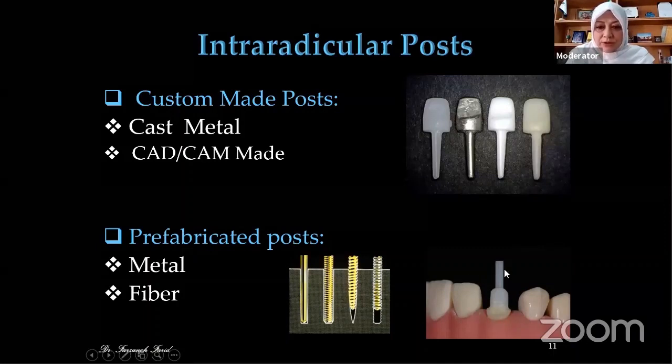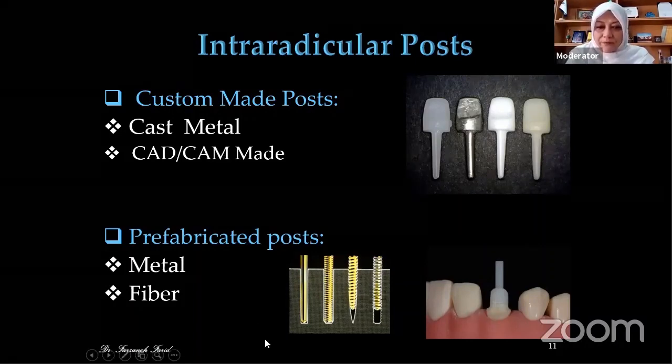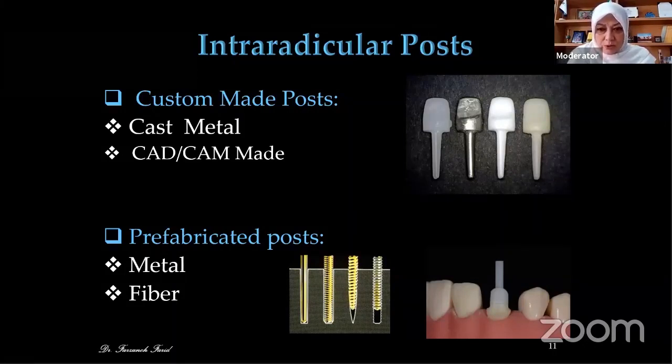For the fiber posts that have a smooth surface, the retentive element is adhesive materials. So we use some retentive element to attach the core to the post. This kind of post and core fabrication is cheaper than custom-made posts and can be done in one session only. So this is an advantage over the custom-made posts.